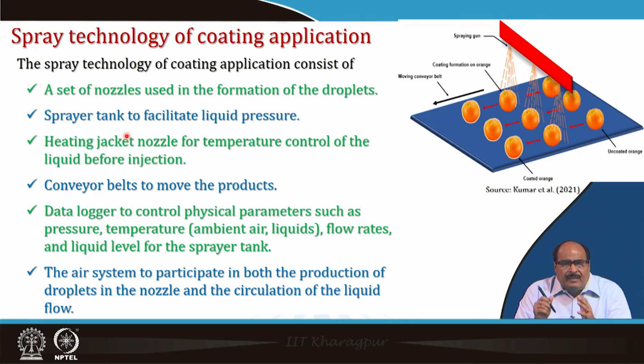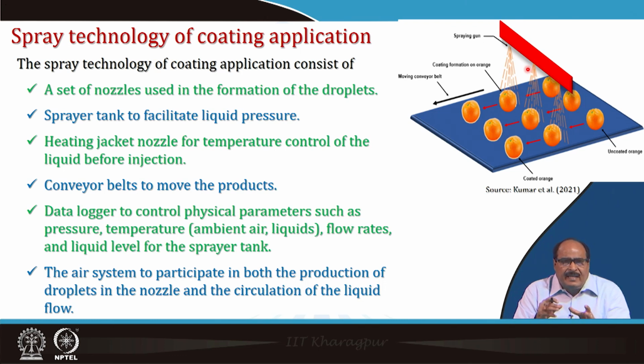It consists of a set of spray nozzles, you can see here, which are used in the formation of fine droplets. And also there is a sprayer tank in which the spraying material or coating material is added, and the tank will also facilitate the liquid pressure.